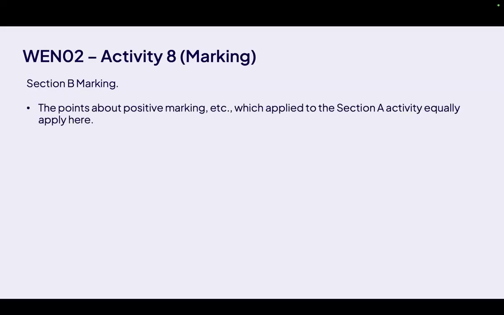Okay, so this I think is our final activity, and it's a section B marking. You can have a look at the indicative content in the mark scheme, which is page 6. Remember, we're on section B now. The indicative content is exactly that.